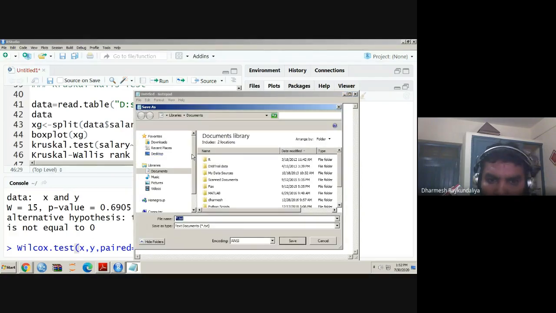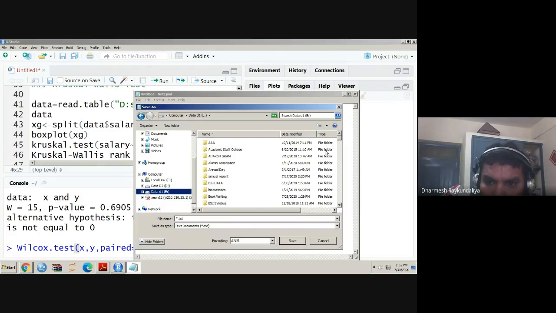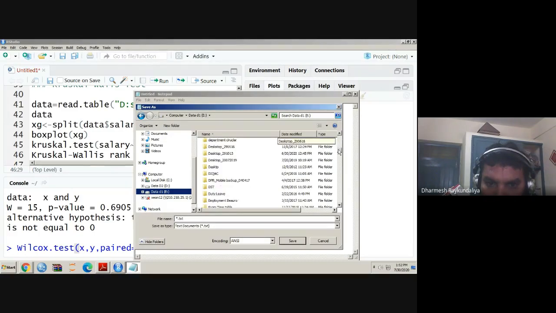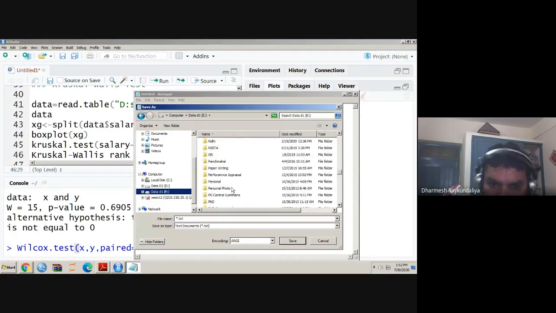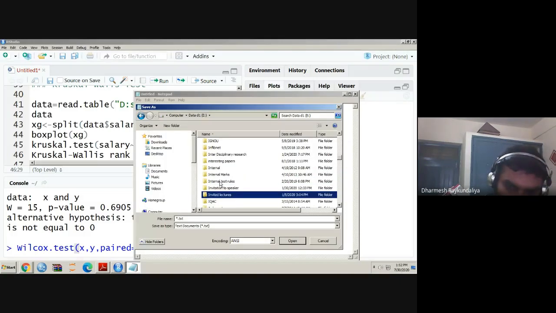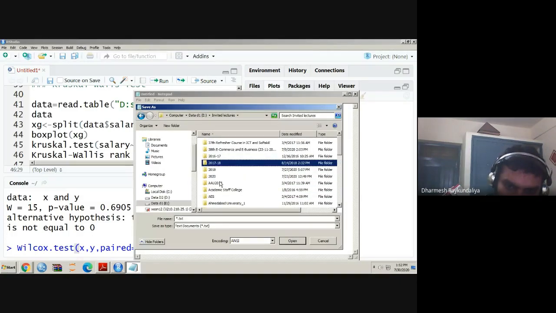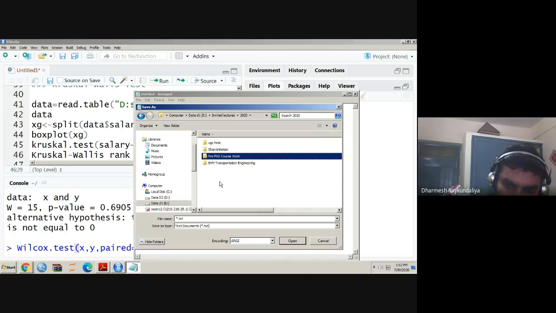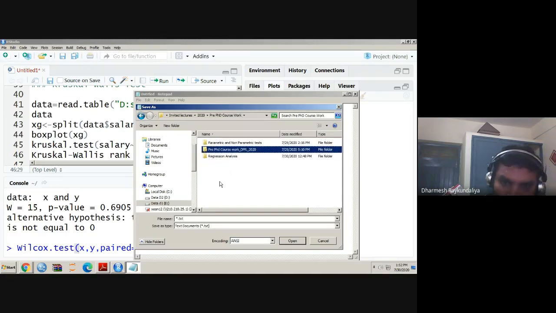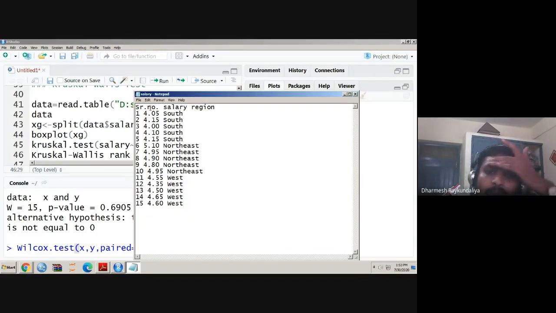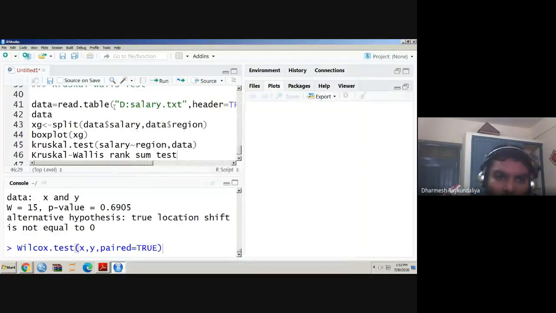You can make the file at home, no issue. Salary, it is a text document, and the first row is considered to be a variable name, so I'll just remove this part.